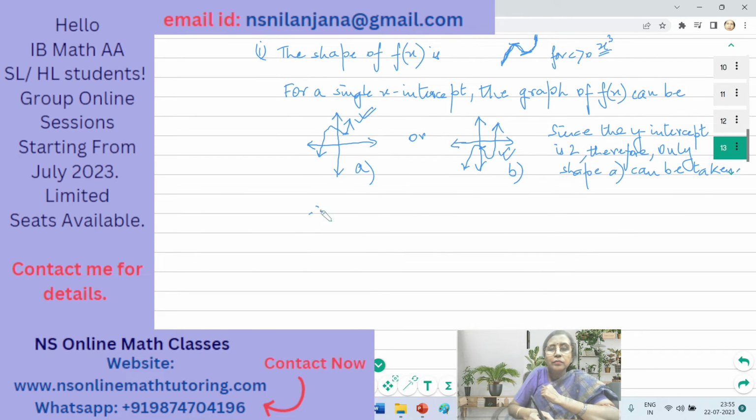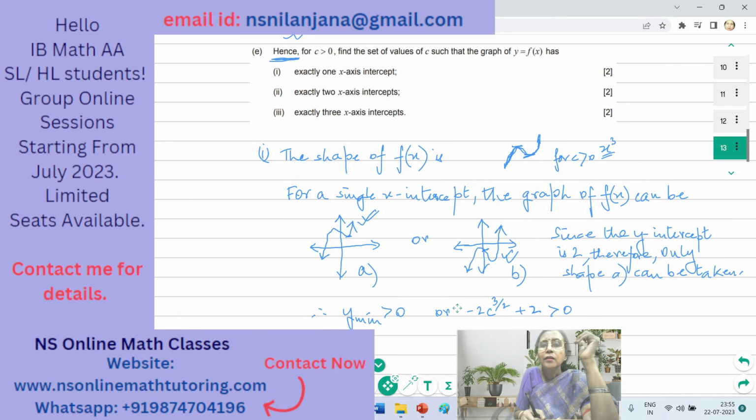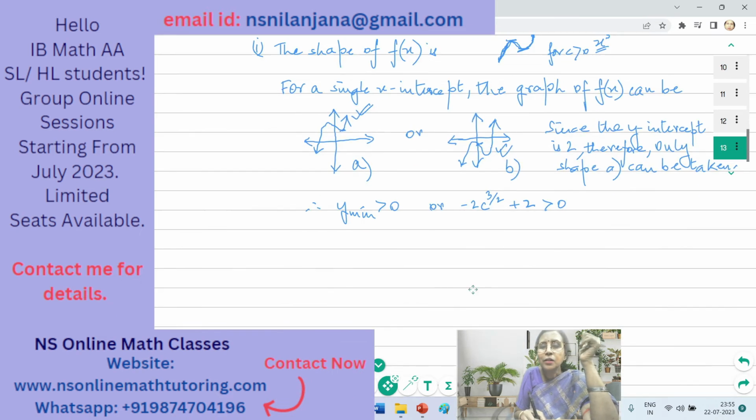Therefore, y min should be greater than 0, or minus 2 times c to the power of 3 over 2 plus 2 is greater than 0. The plus 2 is there because of the y-intercept, the d value is plus 2. So what will be the values of c? Find the set of values of c, that is the question.